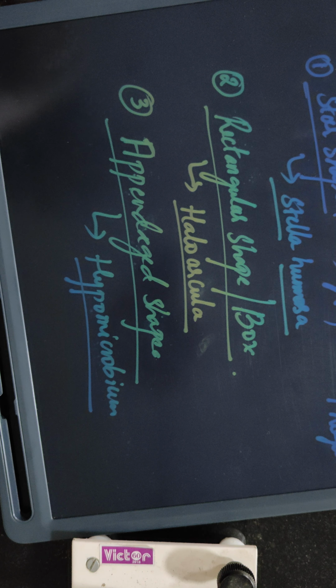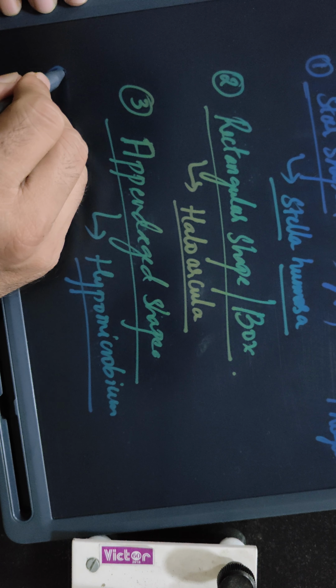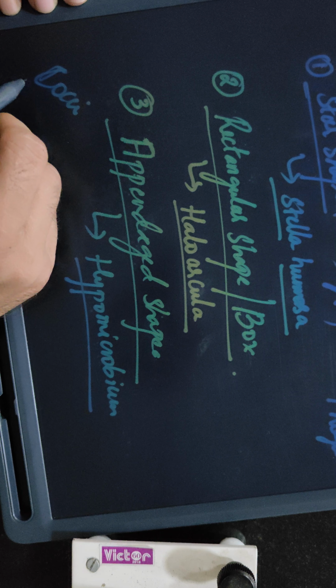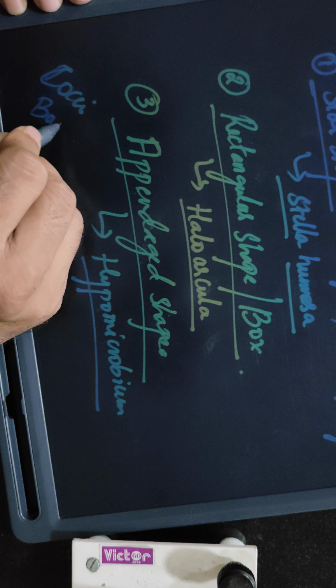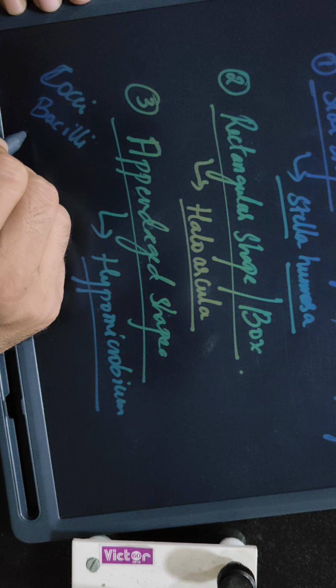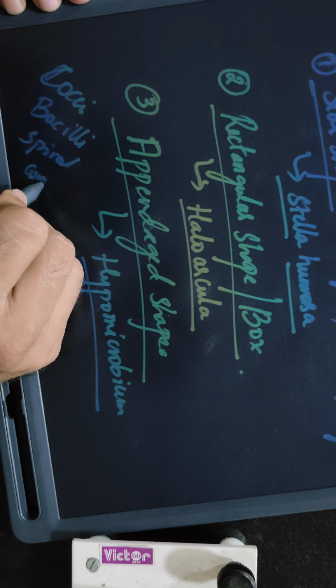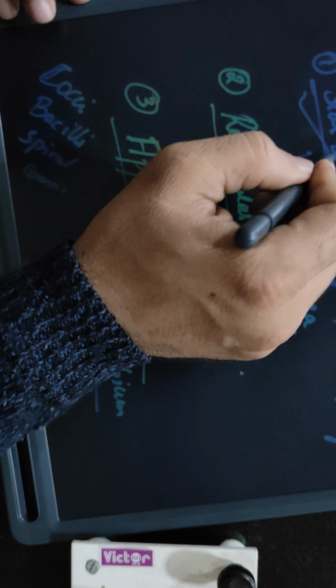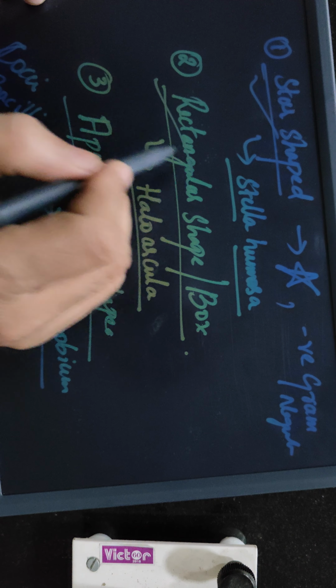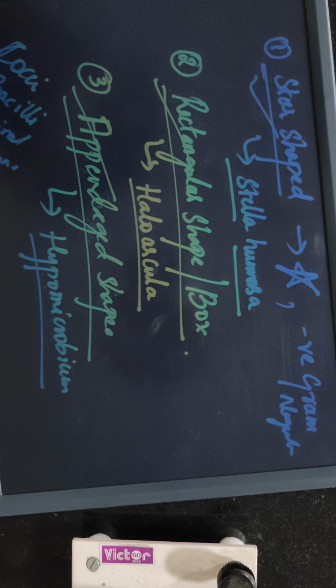So along with cocci, bacilli, spiral shaped, comma shaped, we also have star shape, rectangular shape, appendage shape.